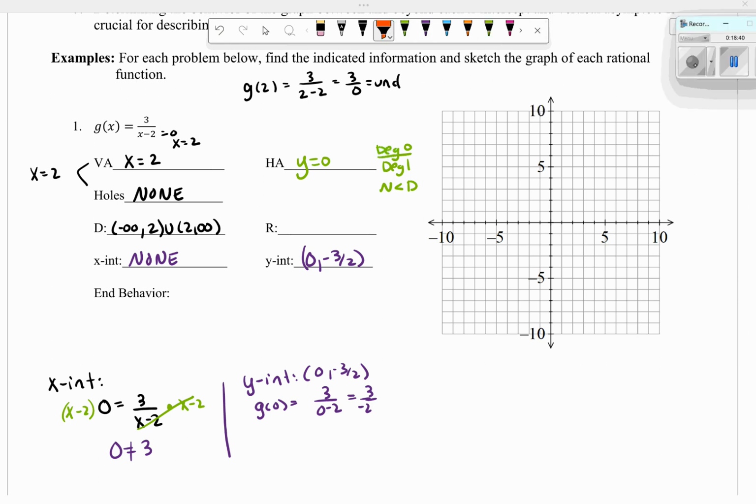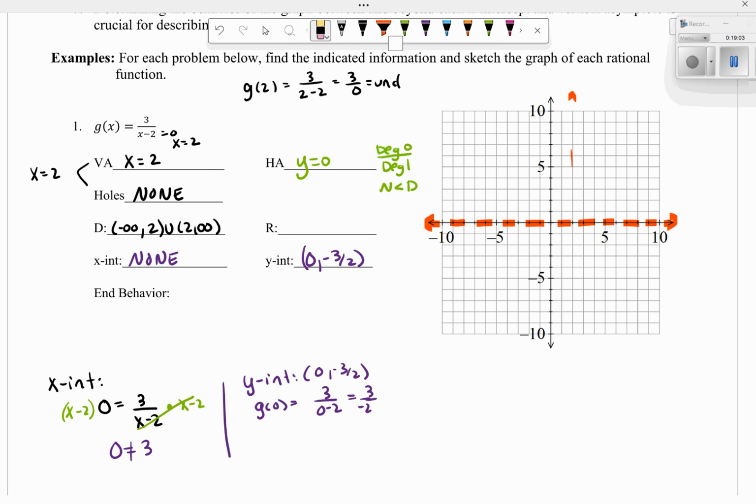All right, so we have a horizontal asymptote at y equals 0, and a vertical asymptote at x equals 2.